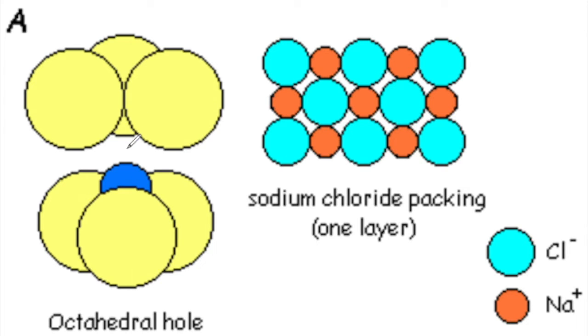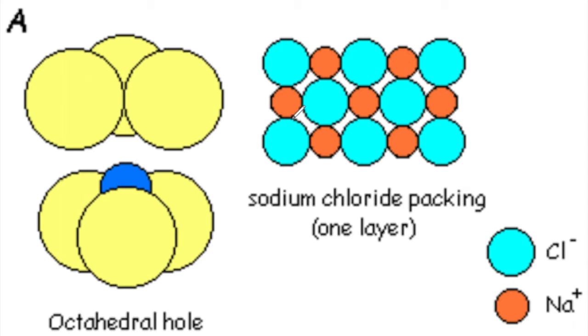And then when these 3 come down on top of it, there will be another triangle pointing up into this hole. So instead of a flat squished triangle, we have a triangle facing up and a triangle facing down. So this is a larger hole. And again, drawn as a single unit to show the shape of one hole, we have 6 of these anions, 6 of these spheres coming together to show one hole.